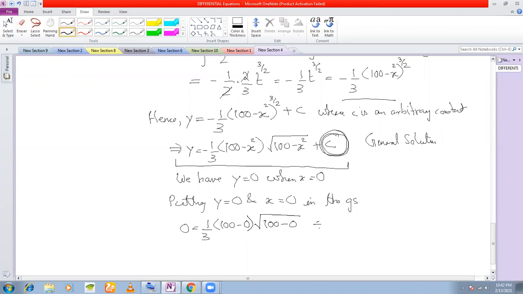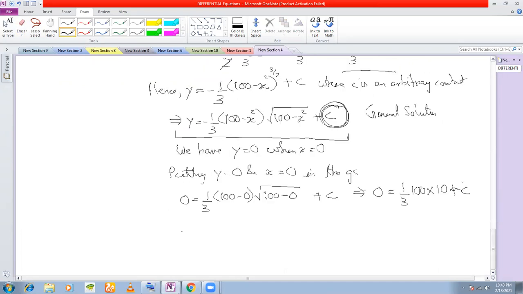Right? So plus c. So what do you get here? 0 is equal to minus 1/3 100 into root 100, which is 10. So you're getting 1000 by 3. This is plus c, sorry. Plus the arbitrary constant c.